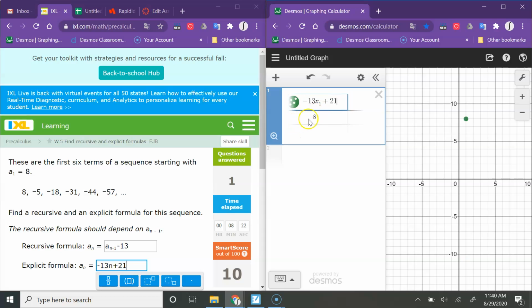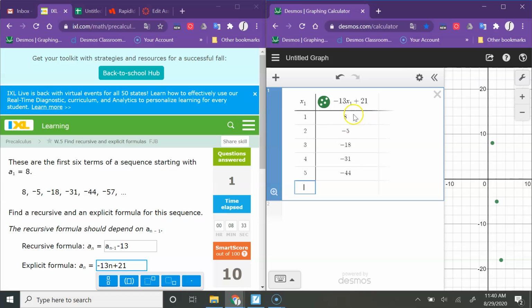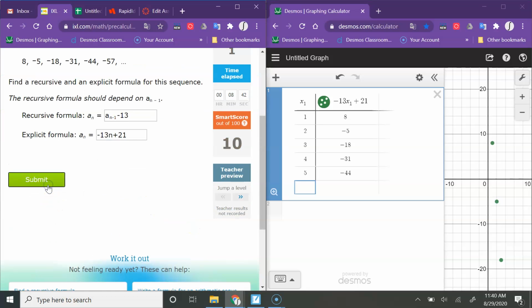You can see we'll get 8 right here. And let me make this a little wider so you can see that whole thing. There's my first term, and then I'll type in 2, 3, 4, 5, and you can see we're getting those numbers that we had there. So that can sort of help you check to make sure you've got it right. So let's submit this one.